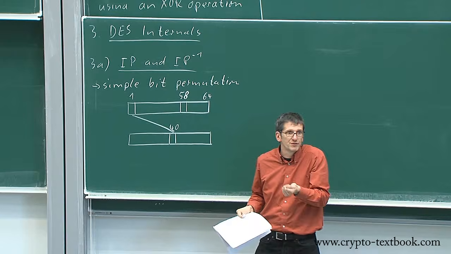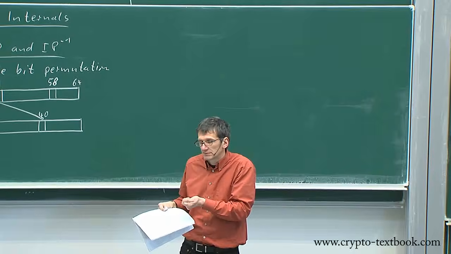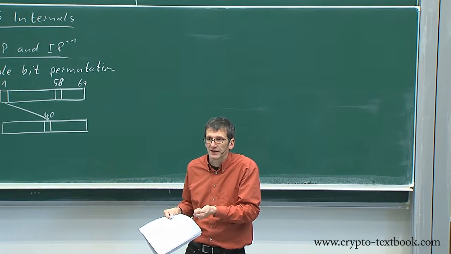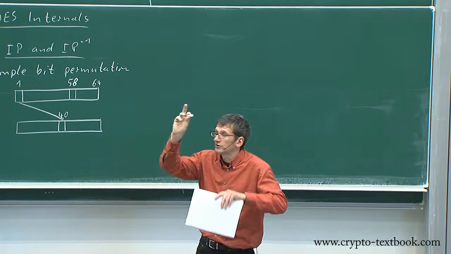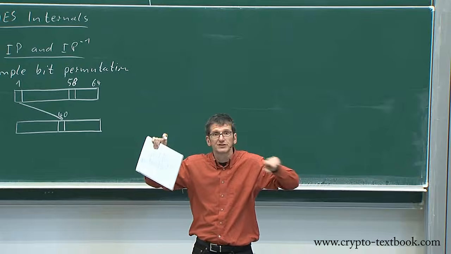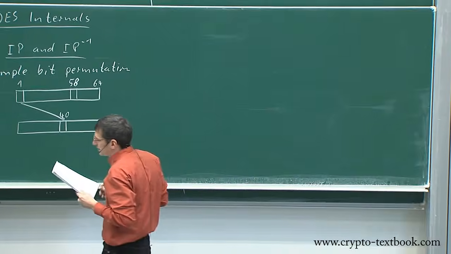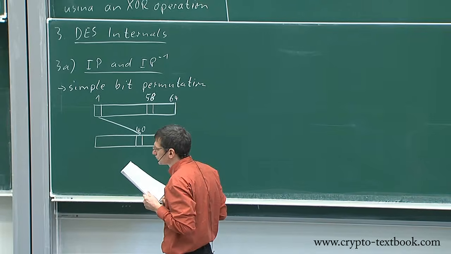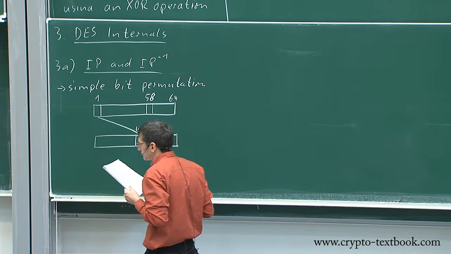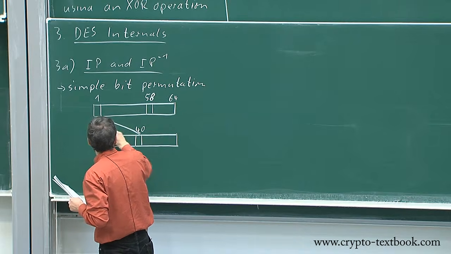If you want to actually build a DES encryptor by hand, you really have to introduce a wire. The wire goes from position 1 to position 40. Okay, it's a cross wiring, right? And then bit 58 is copied to position 1, which is a coincidence here.